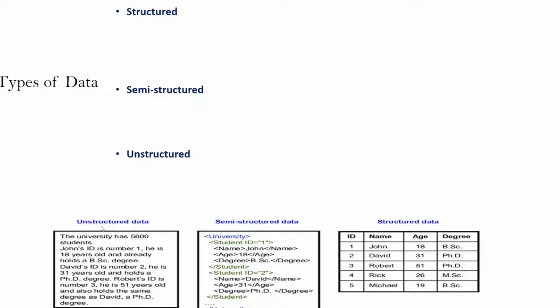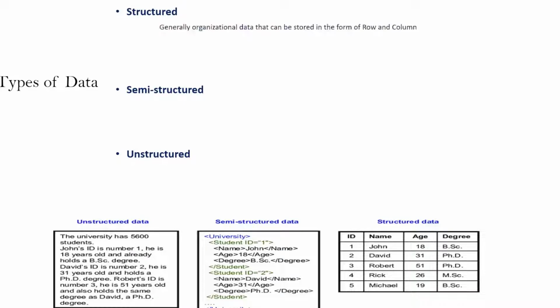You can see a kind of text written in the unstructured box, some kind of coding language in semi-structured, while in structured there are rows and columns that you usually see in Microsoft Excel, the way we create or write in Microsoft Excel. By looking at that, I believe you have got some idea, but we're going to discuss in detail.